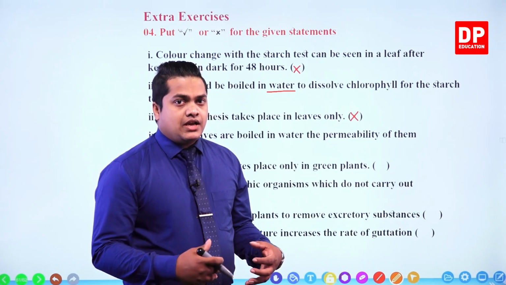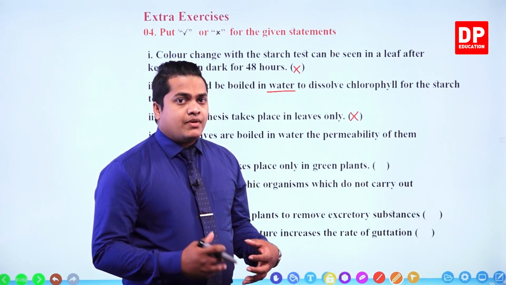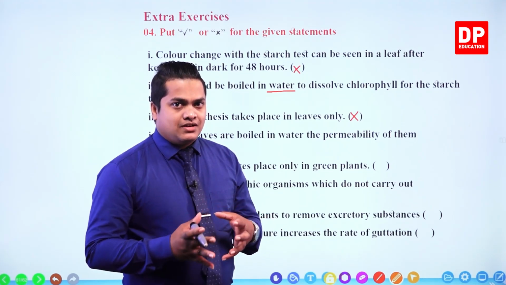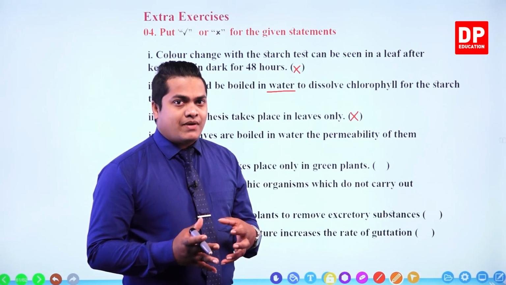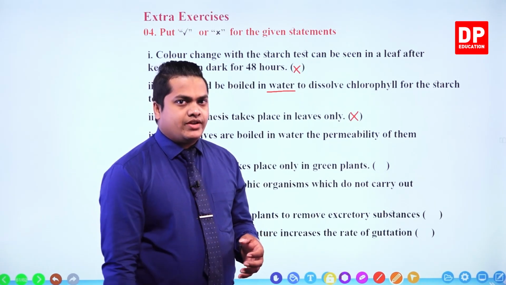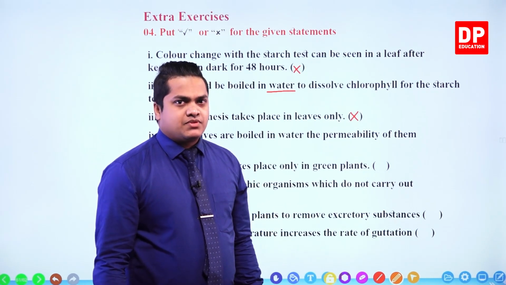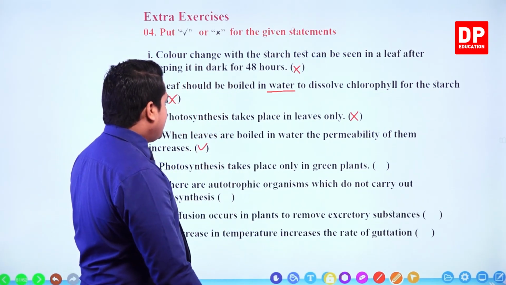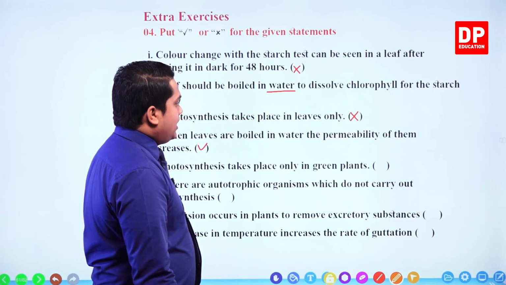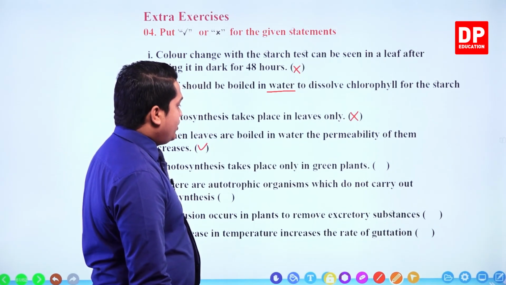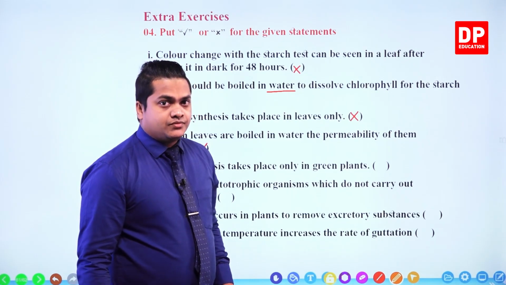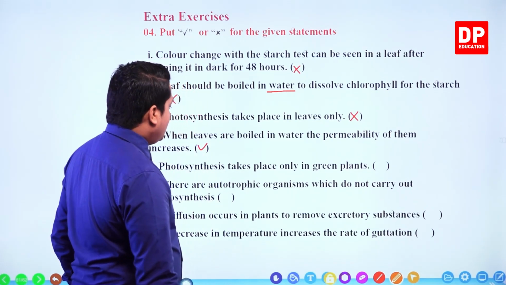So upon breaking down of cell walls, the ability of entry and exit of particles or materials is going to increase. That is absolutely correct. So permeability is going to increase when I boil a leaf in water. So it is correct. Okay.